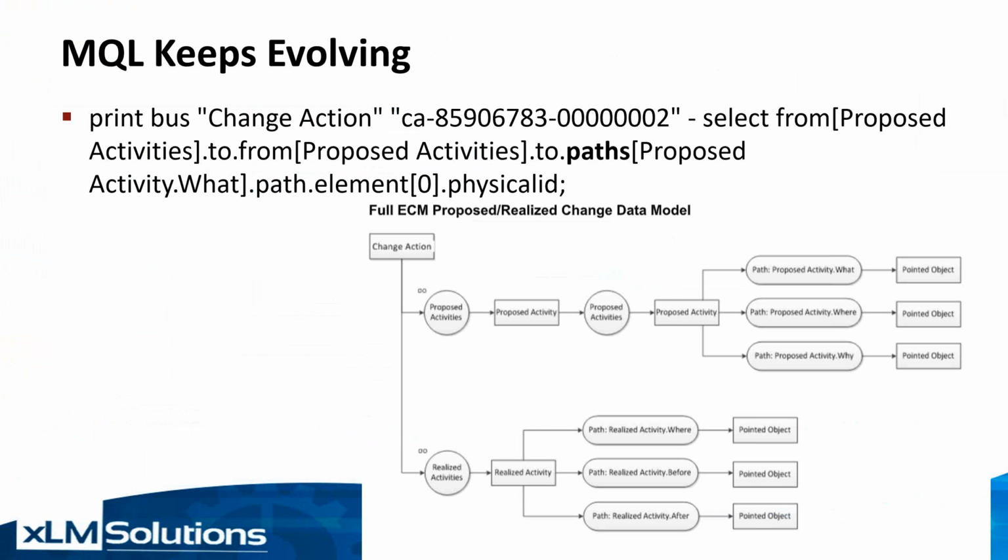Up until, I believe, 2017X, maybe 18X, I don't recall off the top of my head, links between, let's say, the CA, CO, and what's called today proposed change, which in the past was renamed recently, the link was reintroduced as a path, a more scalable but more complex structure. And then again, MQL is now using the paths as well, or adopted to use that. So this is just one example out of many.